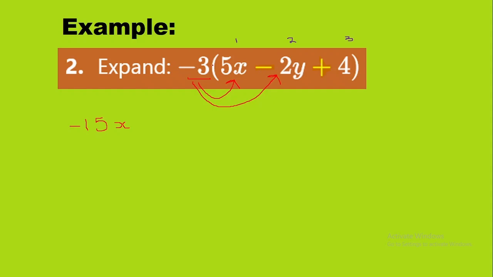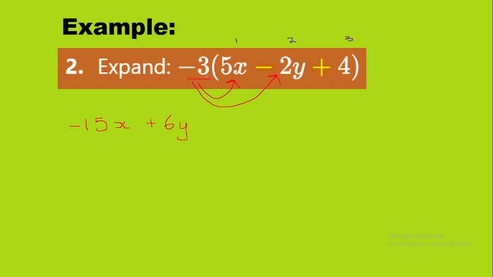Negative times negative is a positive. Remember, negative times negative is positive, and 3 times 2 is 6. Remember, number times number, so we'll just write back our y there. So positive 6y.